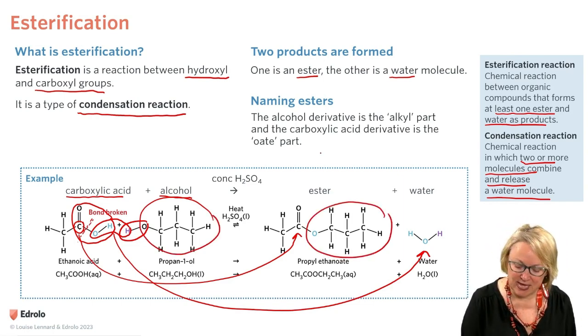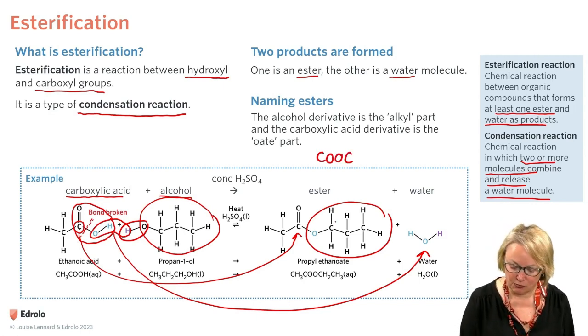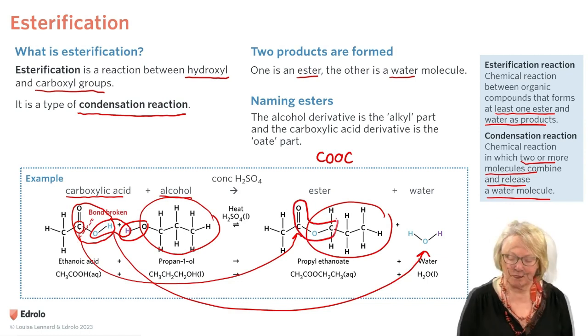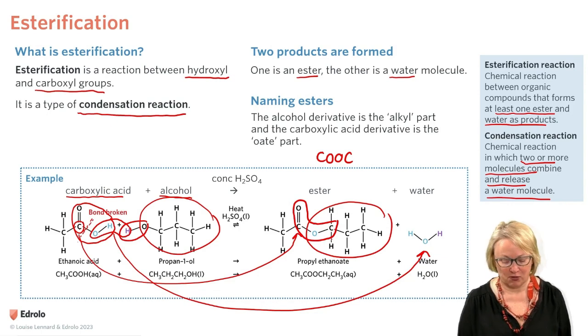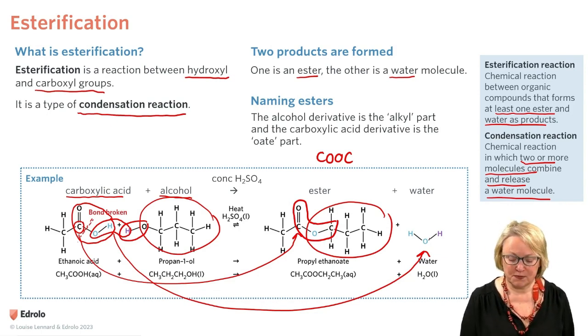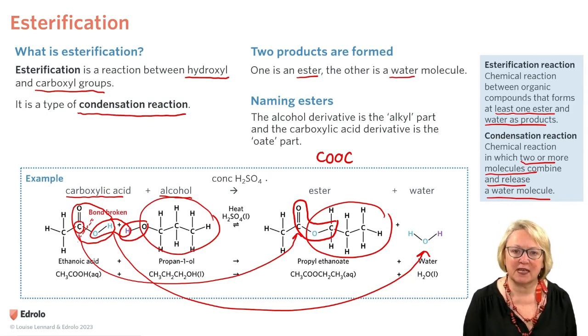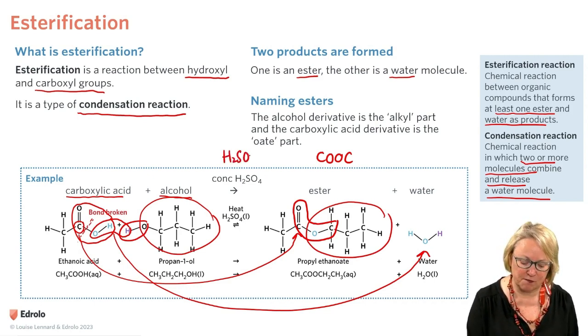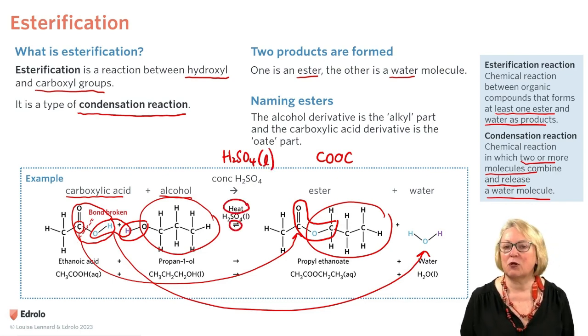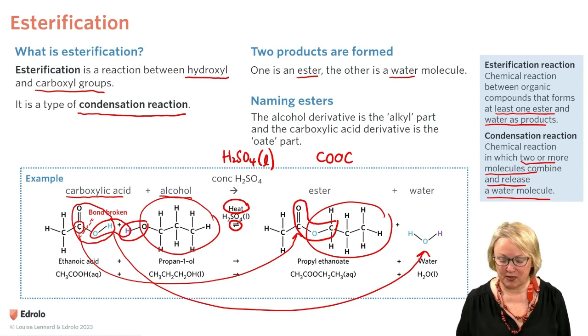Now, the ester contains the COOC atoms, so a COO group from the carboxylic acid and the carbon from the alcohol. Two products are formed. The reaction conditions: we need concentrated sulfuric acid, H2SO4 liquid, and heat, and it's an equilibrium reaction, so we've got equilibrium arrows.